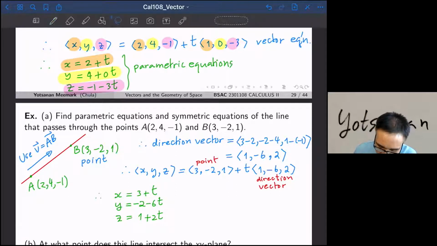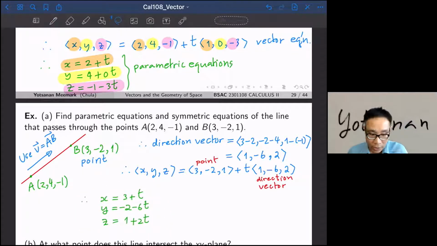One thing I'd like you to see is what happens when you use these kinds of equations.